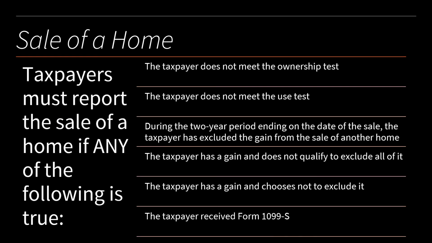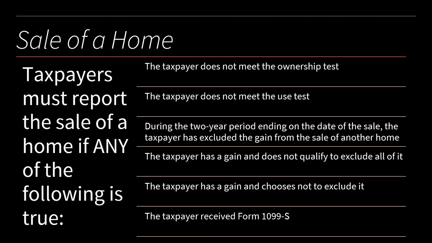Let's talk a little bit about situations where taxpayers have to report the sale of a home. So there's a couple of tests associated with the sale of a main home. That's the ownership test and the use test. If the taxpayer does not meet those two tests, then we are going to be reporting the sale of the home on the return.